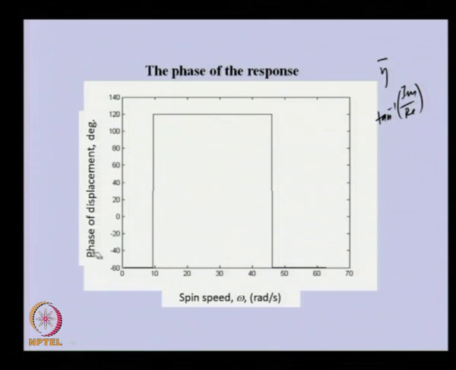Basically, the phase was 30 degree from the x axis, horizontal axis, and this response is in the vertical direction. So, obviously, that is minus 60 degree, because y axis is lagging behind by minus 90 degree. So, minus 90 plus 30 is giving us minus 60 degree phase. So, initial phase is minus 60, then it is changing by 180 degree at critical speed 1, then again it changes at critical speed 2 by 180 degree.